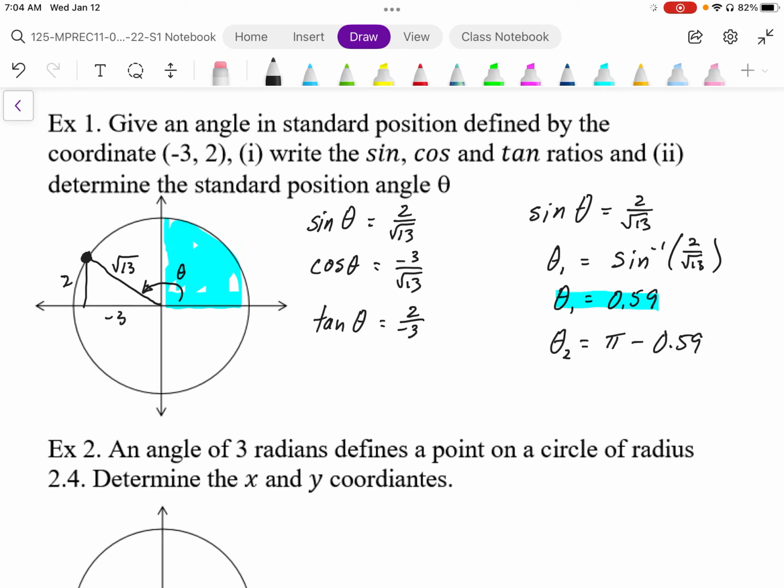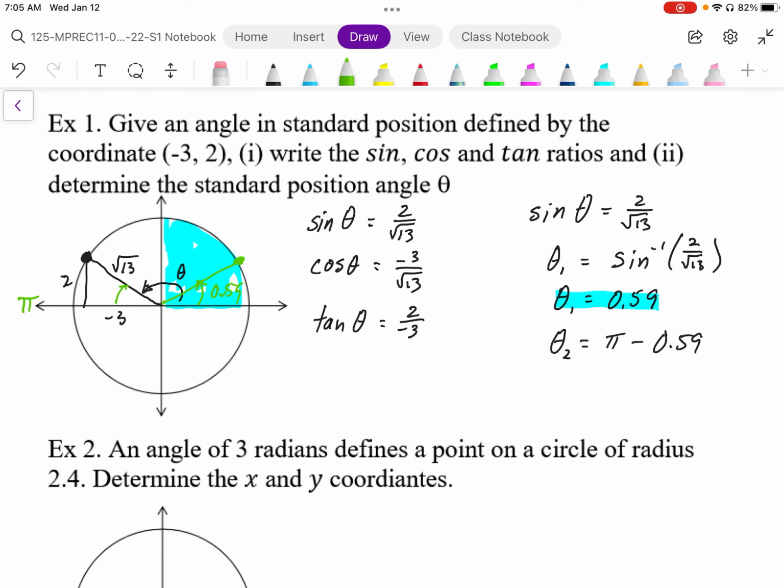But we could also think of it as this angle that we found, 0.59, is going to be this position here. That's our quadrant 1 angle. The quadrant 2 angle is just going to be going backwards the same amount from pi. And that's where our formula comes from.